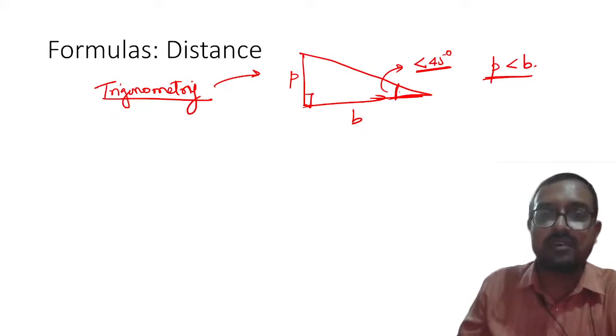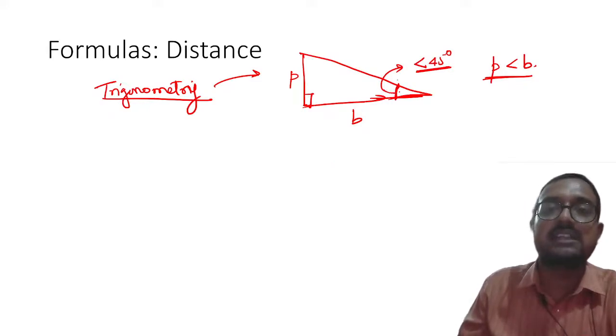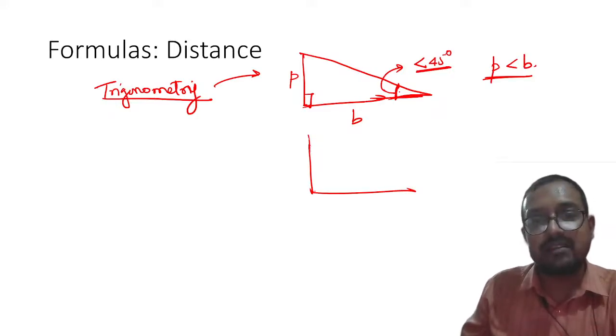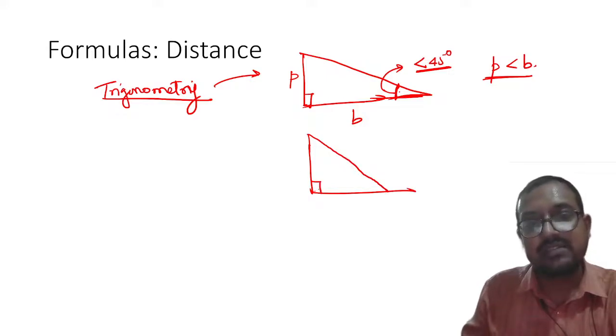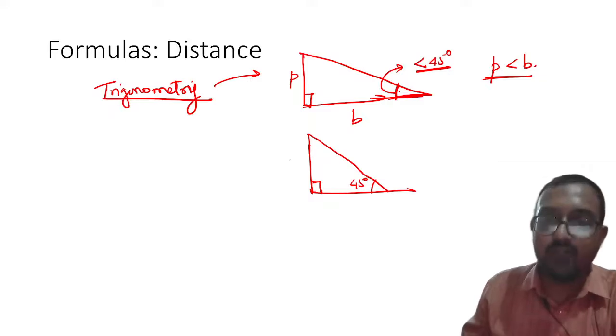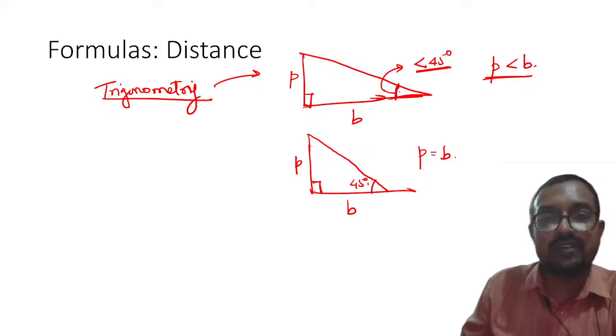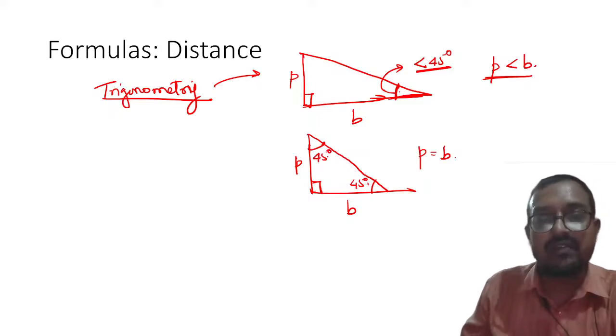Draw this diagram such that this angle is less than 45 degree. You know that these perpendicular lines are somewhere around this 90 degree. So half of that will be 45 degree, and at 45 degree P is equal to B. Please remember, P is equal to B, and when this is 45 degree, this will also be 45 degree.